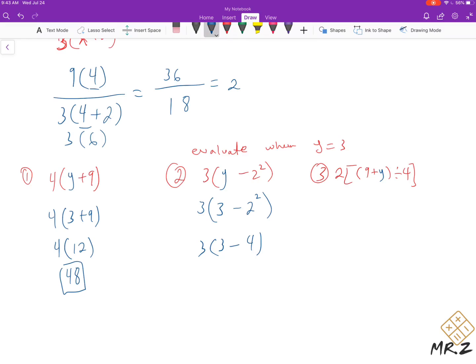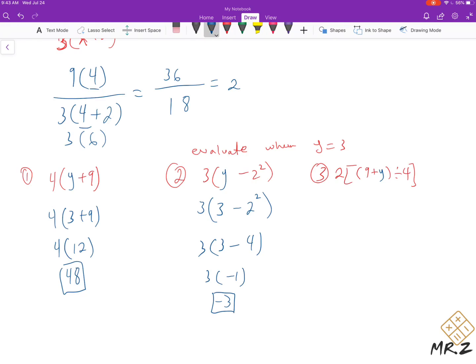Okay, so you're left with 3 times 3 minus 4. Okay, 3 minus 4 is -1. And then 3 times -1, -3. Again, with integers, anytime it's a small number minus a larger number, still subtracting, but your answer will be a negative.